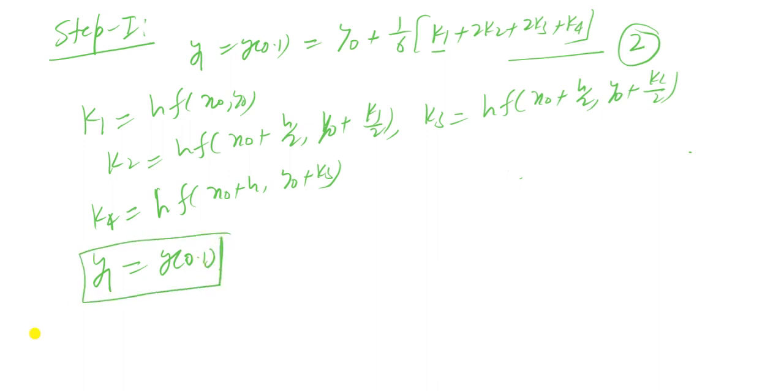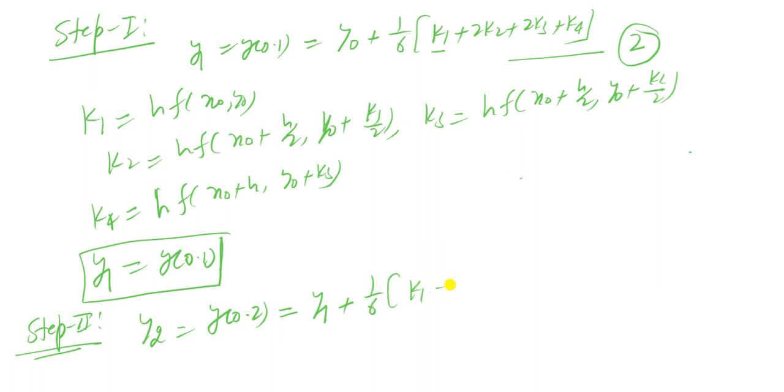After that, in step 2, using the values of x1 as well as y1, find y2, that is y(0.2), which is y1 plus 1/6 (k1 + 2k2 + 2k3 + k4). Say this is equation 3.